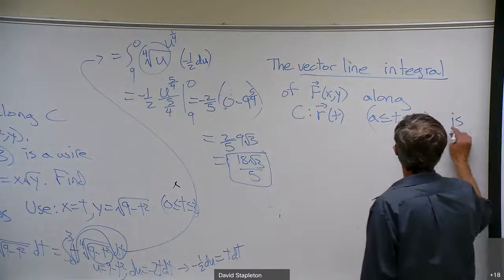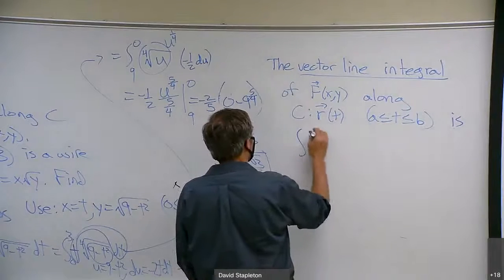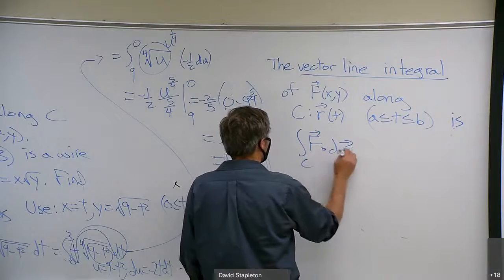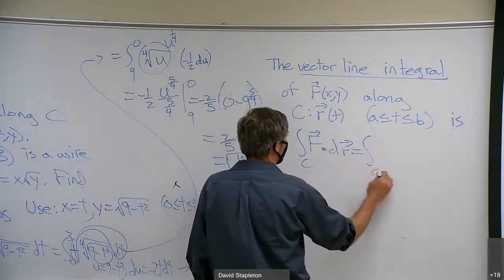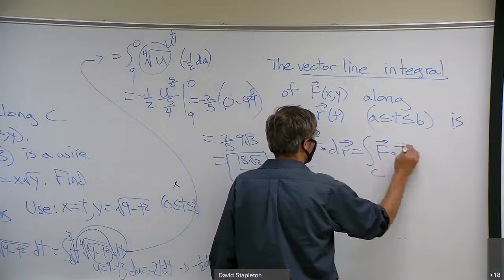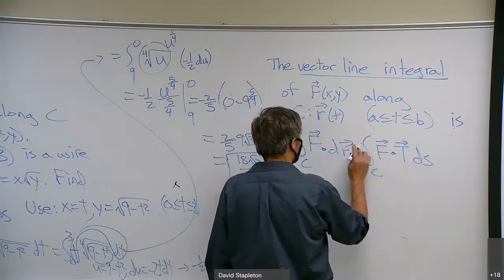Is this. We give it this notation, F dot dr along C, and it means the scalar line integral of F dot T ds. That'll be the definition.